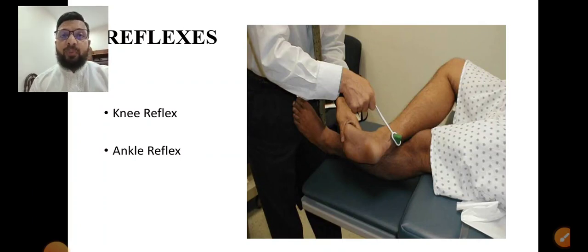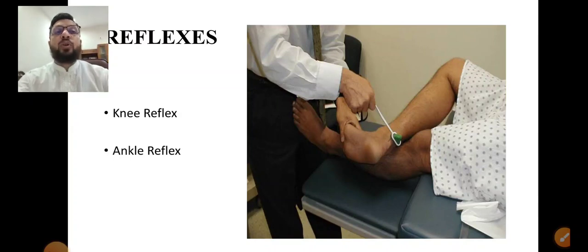So the important thing in both these reflexes is that the muscle twitch you have to look for must be exposed, and you must be looking at the muscle contraction, not at the movement of the foot. Okay.